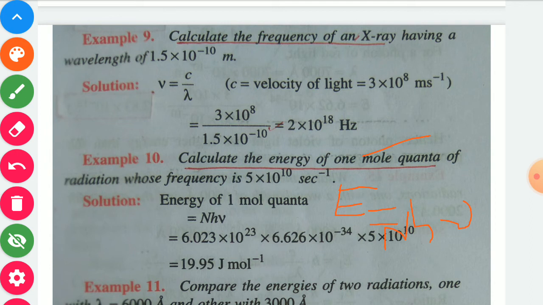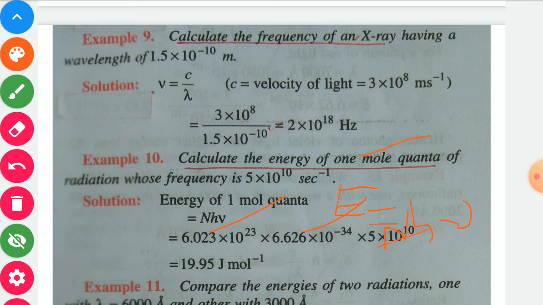So at the place of 1 mole, that is 1 Avogadro, we put 6.023 into 10 power 23. The h value, the Planck constant, which you already know is 6.626, we may write 6.63 into 10 power minus 34 joule second. And the nu value, the frequency, is given in the question as 5 into 10 power 10.